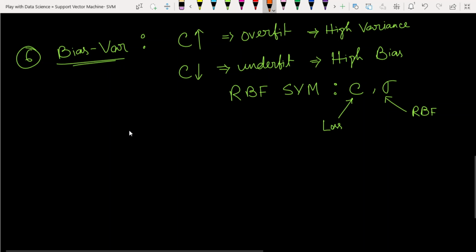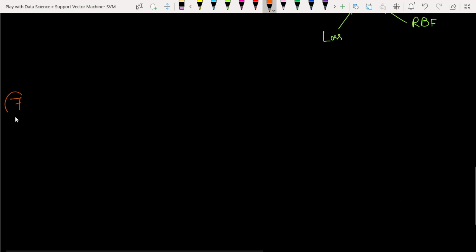This is the sixth, and this will be the seventh: large D. If our data set belongs to a large dimension, in such situations, for large D, SVMs are very good, because for the RBF kernel we transform the original dimension data points to another set of higher dimension.